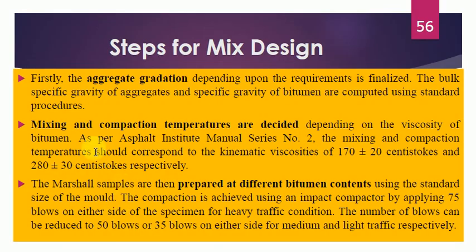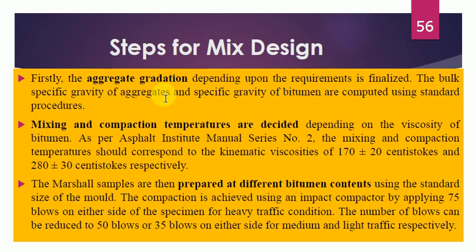So now moving on to the steps. The first step, after the bituminous material and aggregate tests, is the selection of proper aggregate gradation, depending upon the requirement, that is, what type of layer we are going to construct, whether it is a bituminous concrete layer or a dense bituminous mix layer.